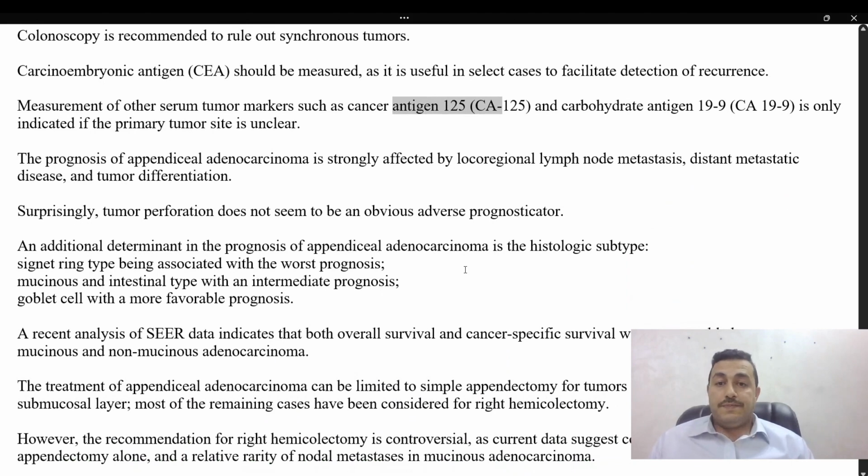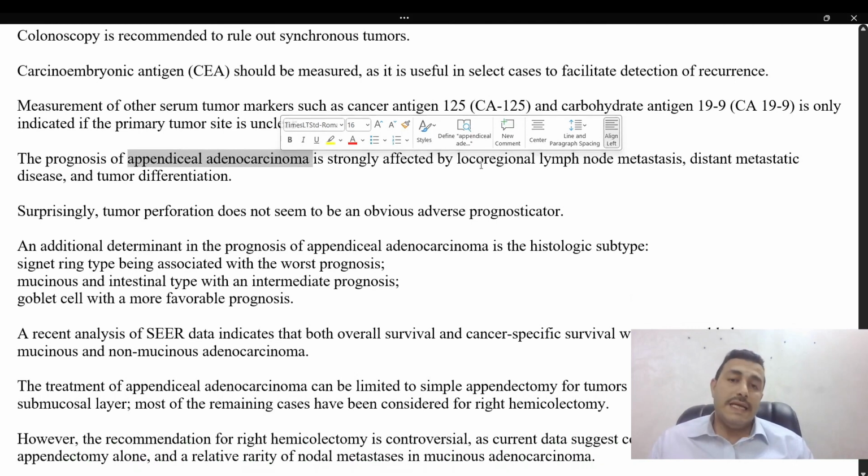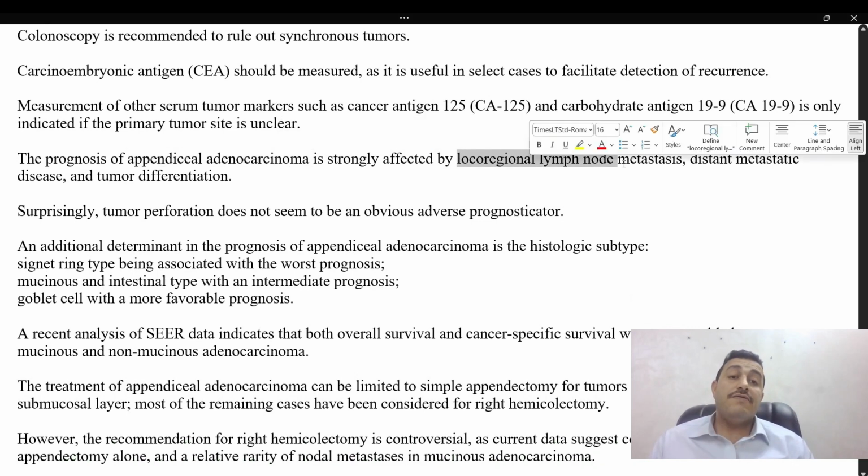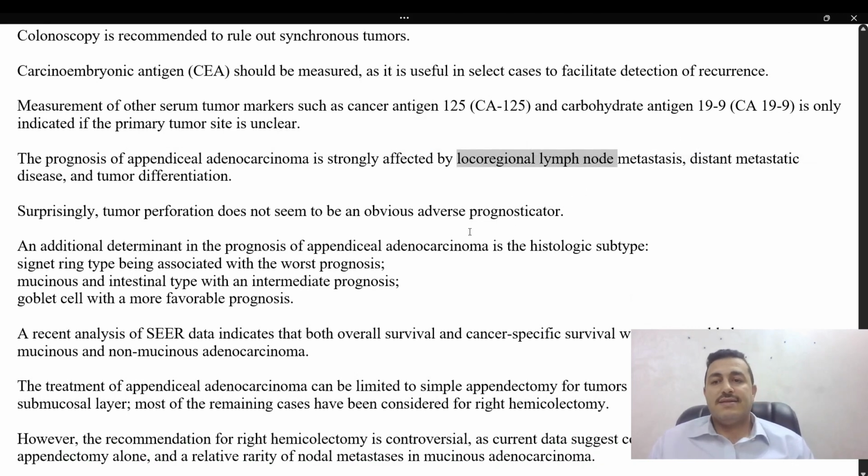The prognosis of appendiceal adenocarcinoma is strongly affected by lymph node metastasis, distant metastasis, and tumor differentiation. As we said previously, tumor perforation doesn't seem to be an adverse prognostic indicator.